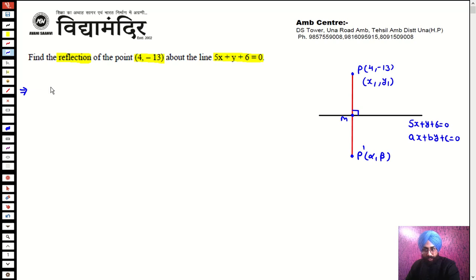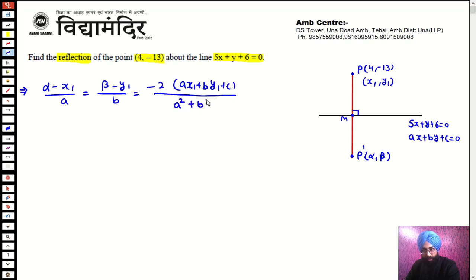That relation is (alpha - x1)/a = (beta - y1)/b = -2(a x1 + b y1 + c)/(a square + b square).